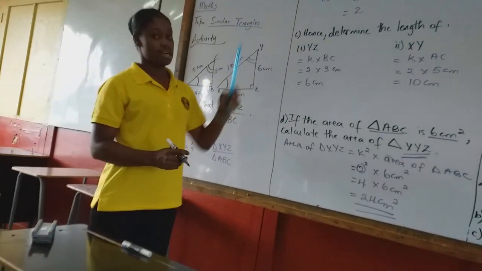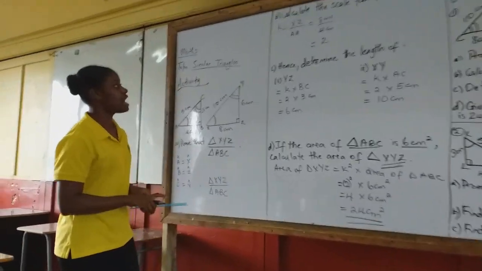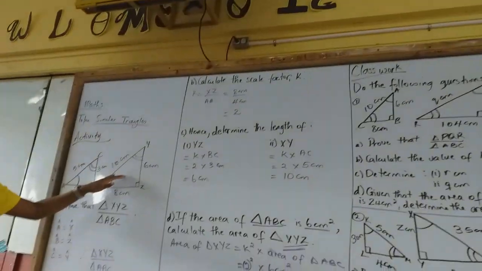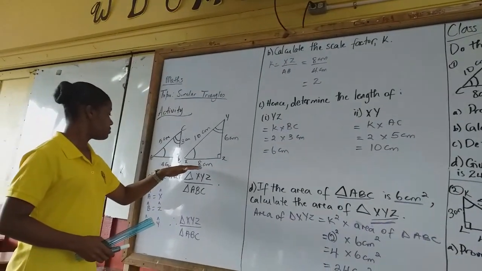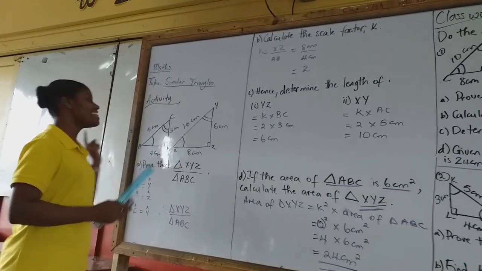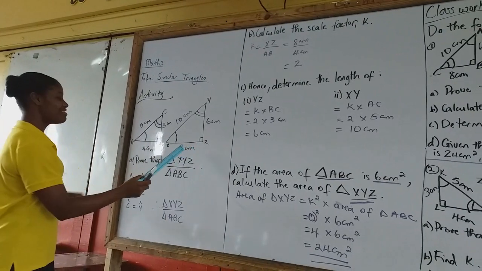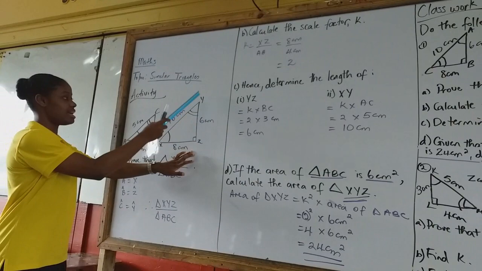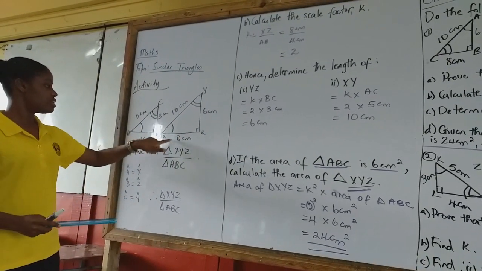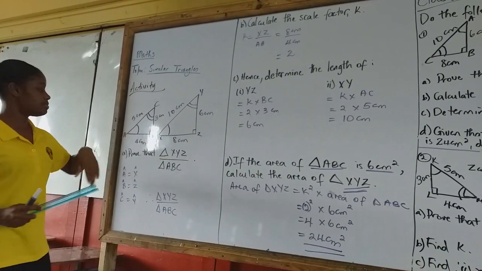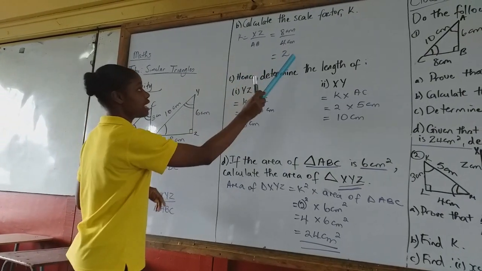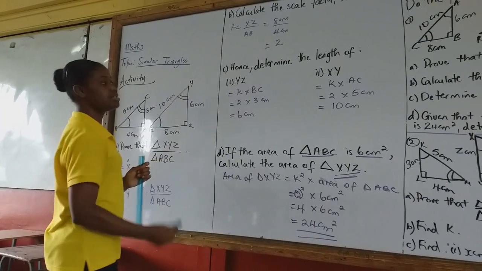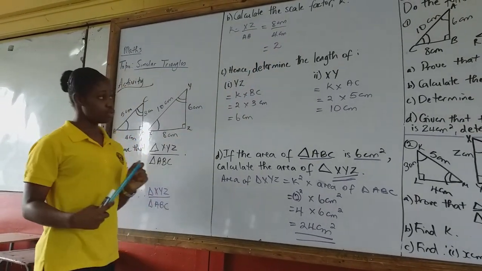To find the scale factor K, we look at the sides of the triangles that correspond. In the initial stage, we were given the length of XZ from triangle XYZ, and so we use that length and the side that corresponds to find the scale factor K. So it would have been 8 centimeters divided by 4 centimeters. We got our scale factor to be 2.